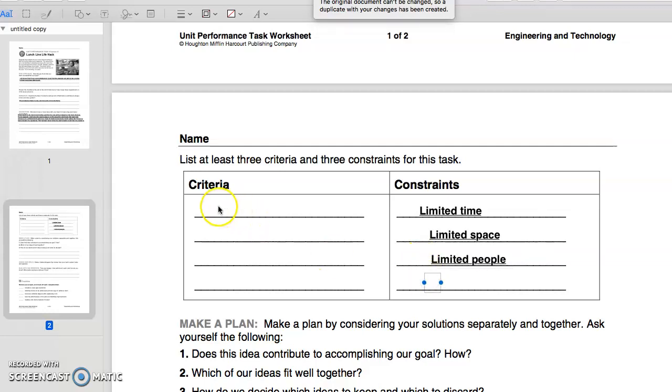Can't just hire however many I want. The criteria is line needs to move faster. Kids need food, need time to eat lunch. And so if the line's moving faster, kids have time to eat lunch.